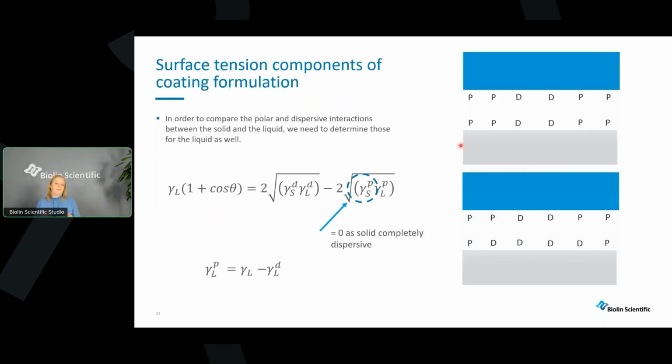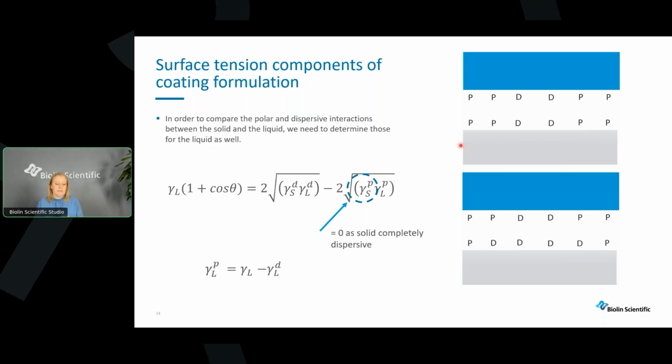One thing that I want to mention now is that in these examples I have been talking only about the surface free energy and surface tension as one number. But as you saw in the theories, we actually do divide the interactions into polar and dispersive components.